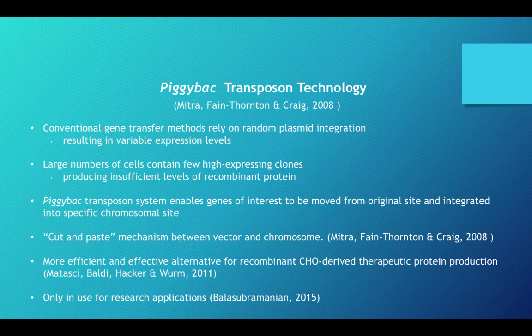Large cell numbers often produce insufficient yields due to few high-expressing clones. This newer system enables genes of interest in the vector to be moved from the original site and integrated into a specific chromosomal site. It is effectively a cut-and-paste mechanism between vector and chromosome. While this is a more efficient and effective alternative, it is still currently only for research applications.